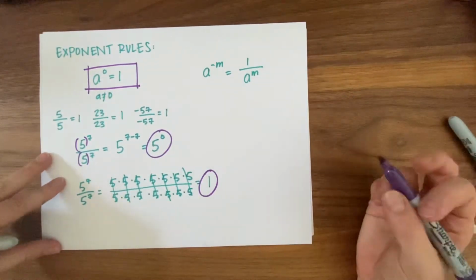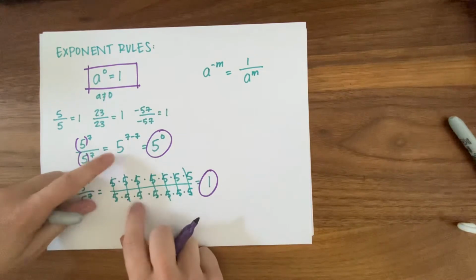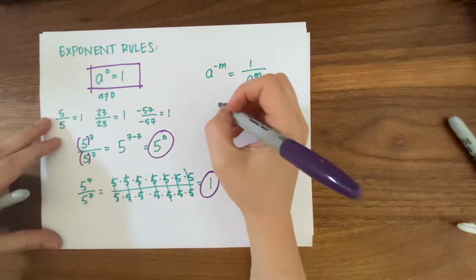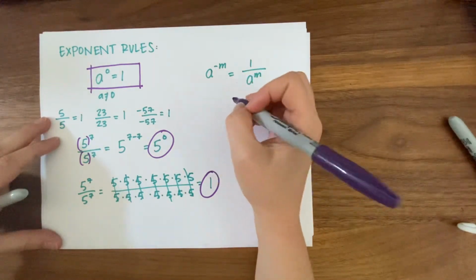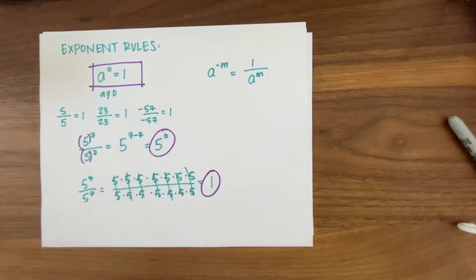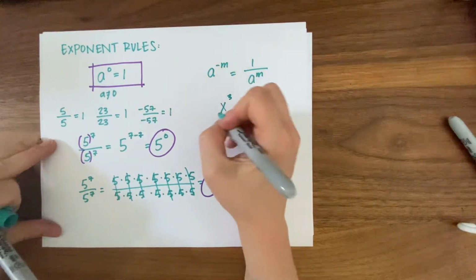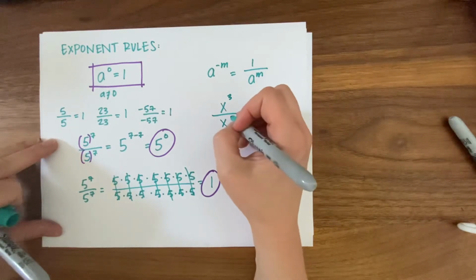Proof number 2, here we go. We're going to follow exactly the same logic as we did here. So let's say I have something like, let's do x. We'll use a variable this time. So let's say I have x to the 3rd over x to the 5th.